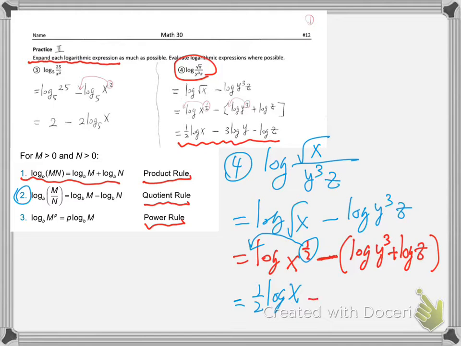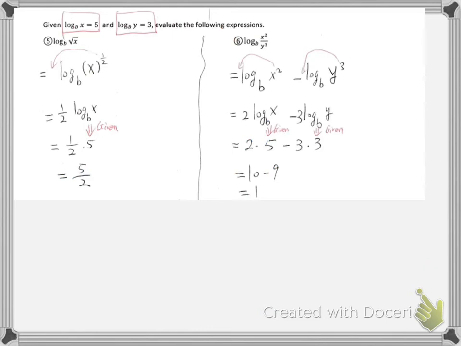So we got minus log y cubed minus log z. And then we use the power rule for this y cubed. So 3 goes to the front, so we got 3 log y minus log z. Okay? Yeah, so next part.